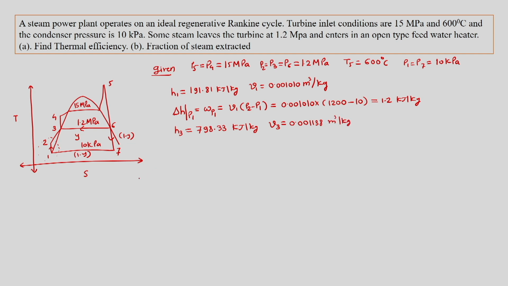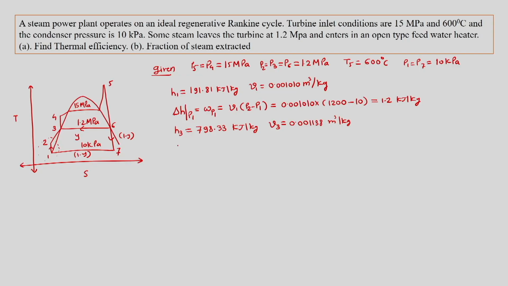This will help us find the pump work in the second case, that is Wp, the pump work. Here Y is going to mix with 1 minus Y, and that will be the total mass. So, the total pump work is V3 into P4 minus P3.